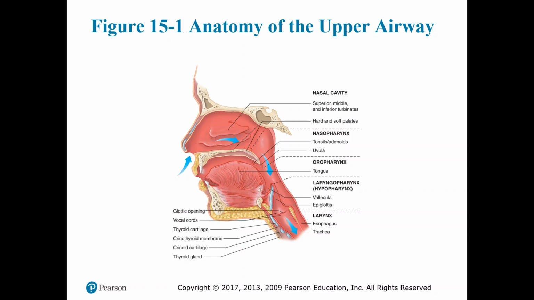Because the mucosal membrane is covered with mucus and has a rich blood supply, it also immediately warms and humidifies the air entering the nose. By the time the air reaches the lower airway, it is at body temperature of 37 degrees Celsius, 100% humidified, and virtually free of airborne particles. Air proceeds from the nasal cavity through the internal nares into the nasopharynx.